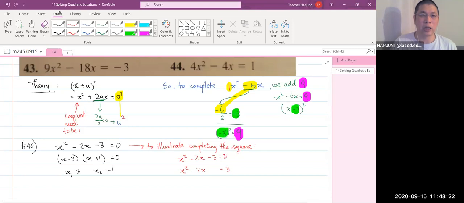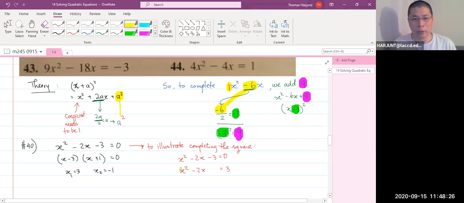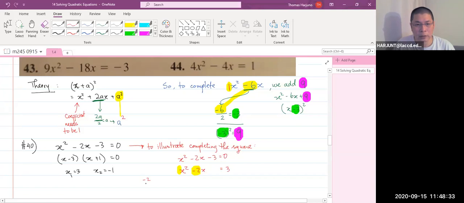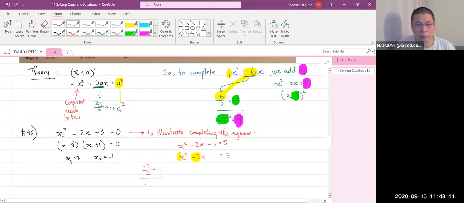Now you see that the leading coefficient is 1. Then take the coefficient of x divided by 2. Whatever the quotient, you square it. That's the number you will add to both sides.